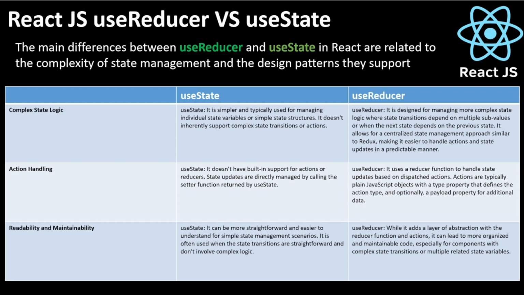While useReducer adds a layer of abstraction with the reducer function and actions, it can lead to more organized and maintainable code, especially for components with complex state transitions or multiple related state variables.